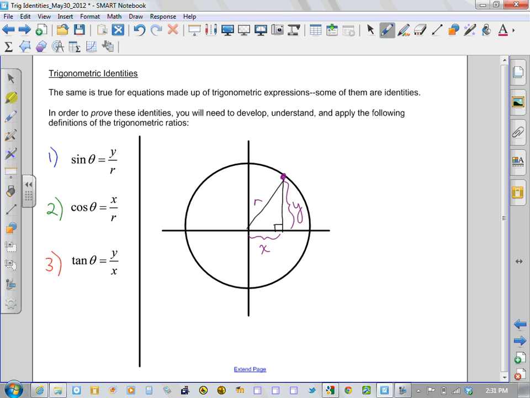Now, if we look at our right angle trigonometry, those concepts from the past, we can also identify that based on angle theta, which is here, x is the adjacent side and y is the opposite side length. Of course, r is the hypotenuse.